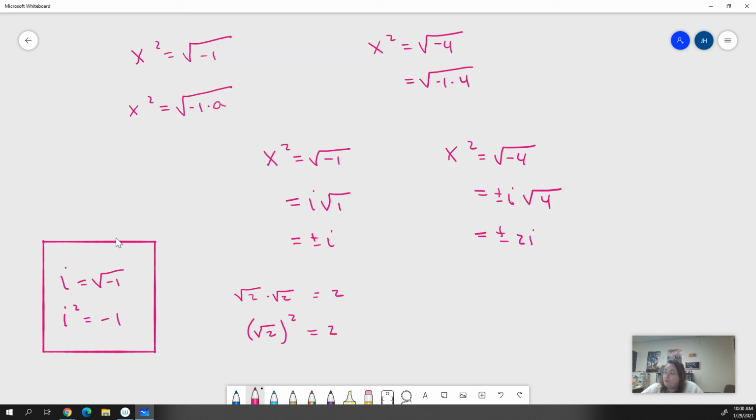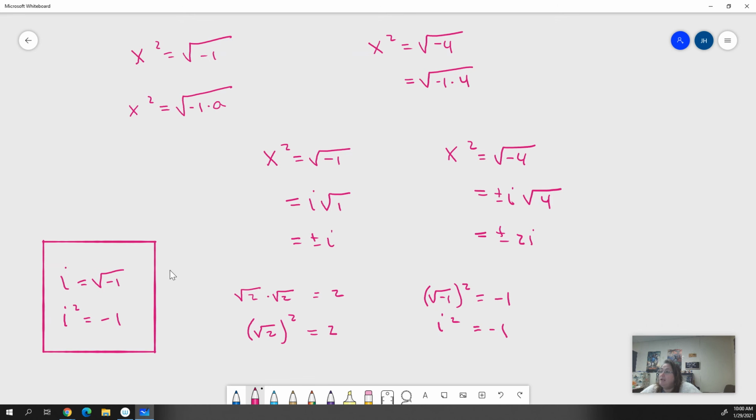So in this case, we're saying i is the square root of -1, and if we square it, it should just give us -1, which is how we can say that i squared equals -1. So that's just an explanation for it all, but your best bet would be to just memorize this bit right here.